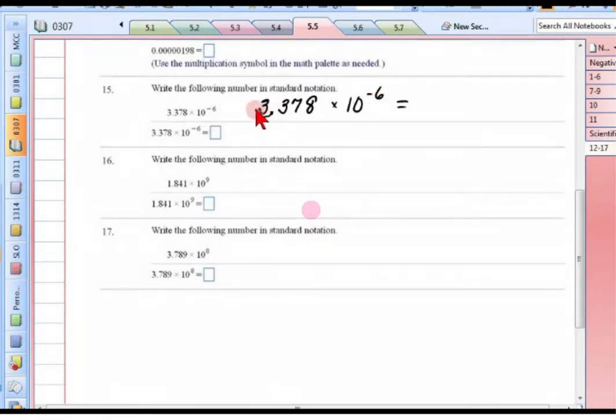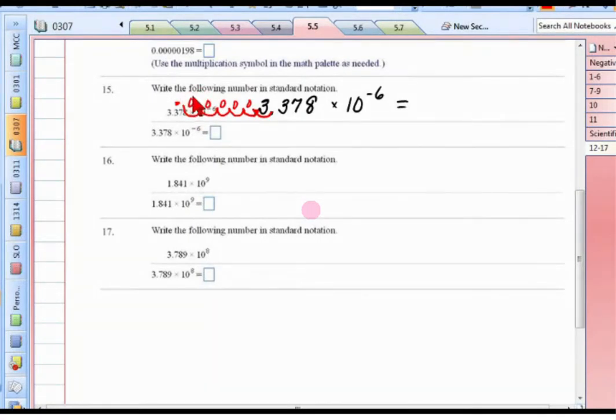So it will go 1, 2, 3, 4, 5, 6, and I have destroyed the question, but I will fill in with 1, 2, 3, 4, 5 zeros.